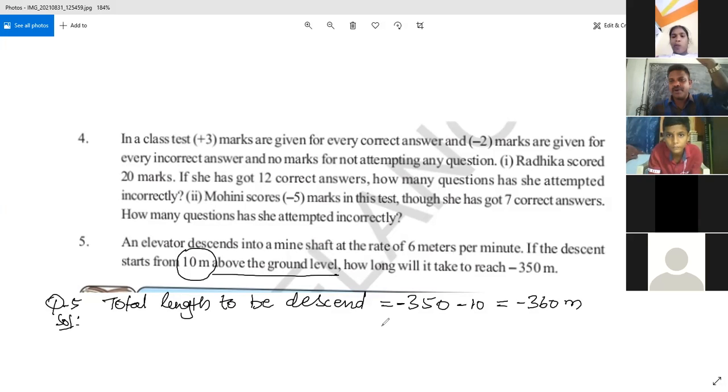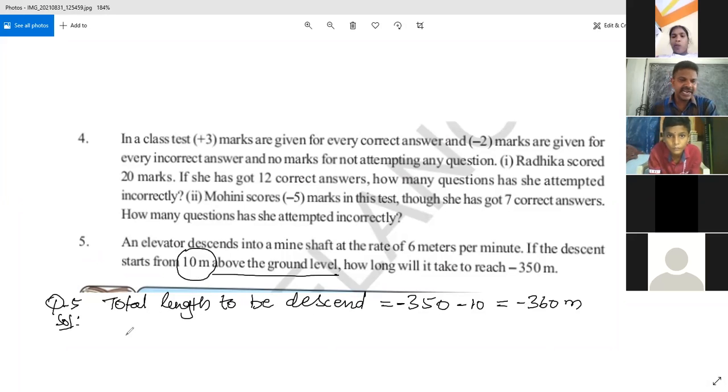Ground level above is represented by positive symbols, and ground level below is represented by negative symbols. So it starts from 10 meters above the ground level, so we subtract that from minus 350 meters. Then we get total minus 360 meters as the total length of descent.